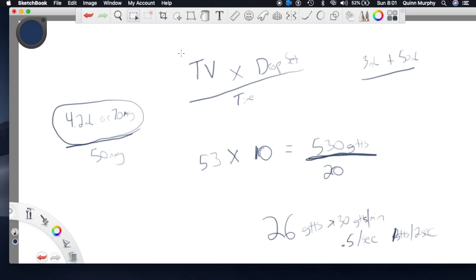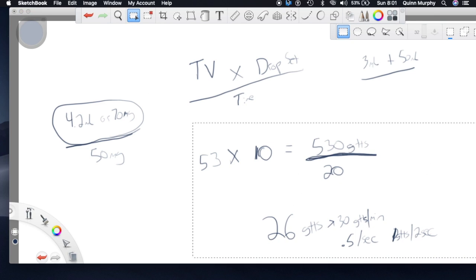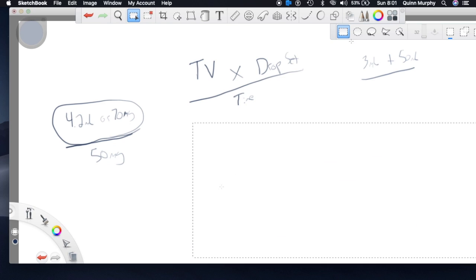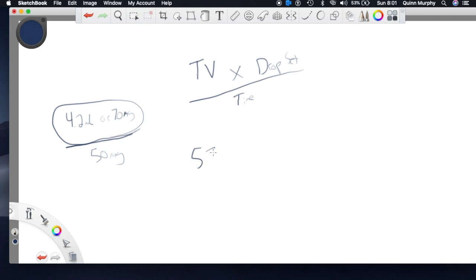So now let's just do this again, just so you guys are comfortable with it. But we're going to do it over 10 minutes for our adult dose of amiodarone. So for adult amiodarone, we have 3 mLs plus our 50 mL bag, so that's going to be 53 total milliliters, and we're using the 10 drop tubing, so we got 530 drops total over 10 minutes.